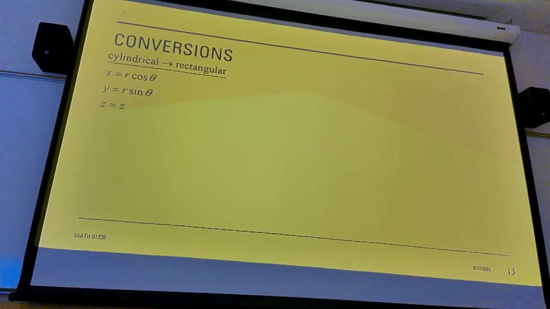Do we use cosine? Tangent of theta is y over x. Cotangent? Tangent of theta is y over x. That's the relation.